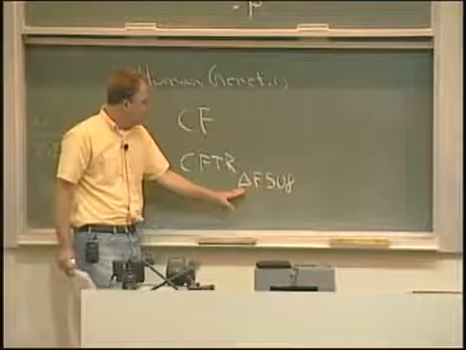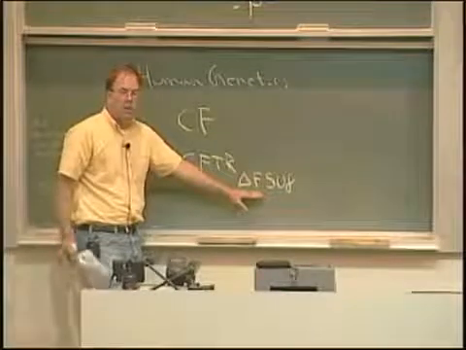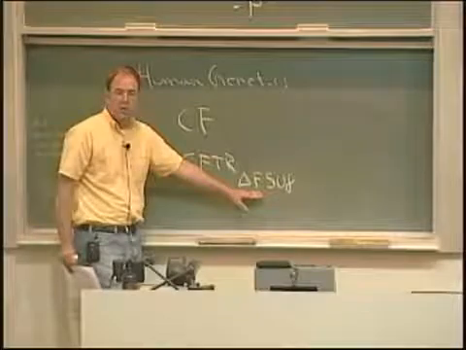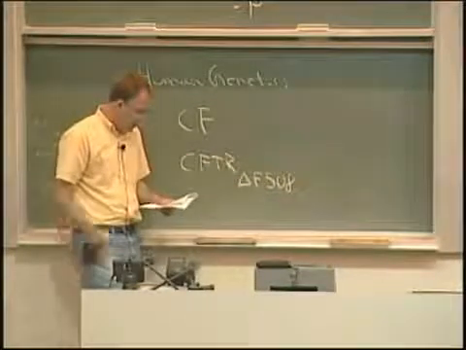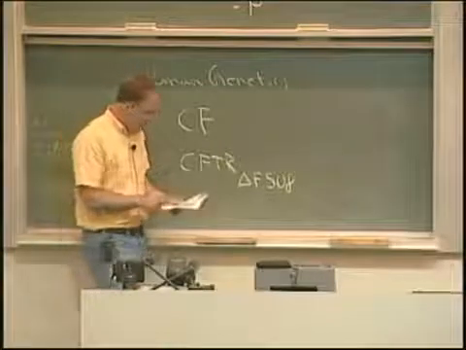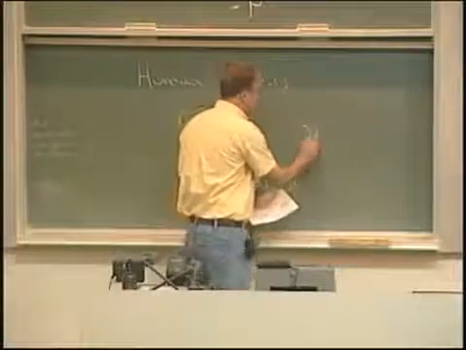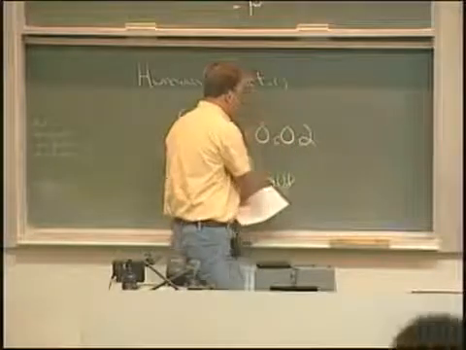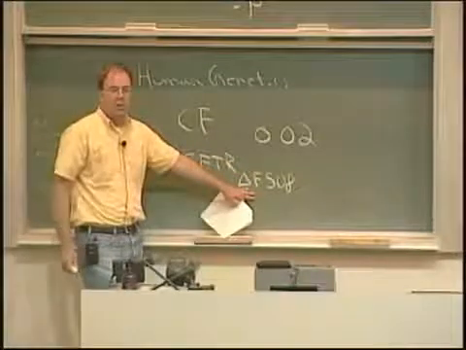If you have 2 copies of the allele of the gene that have this particular deletion mutation in it, then you're going to get cystic fibrosis. That's the story. Okay. So what is the frequency of the delta F508 mutation? It's about 2%. Okay? So the frequency of this mutation in the population is 2%.